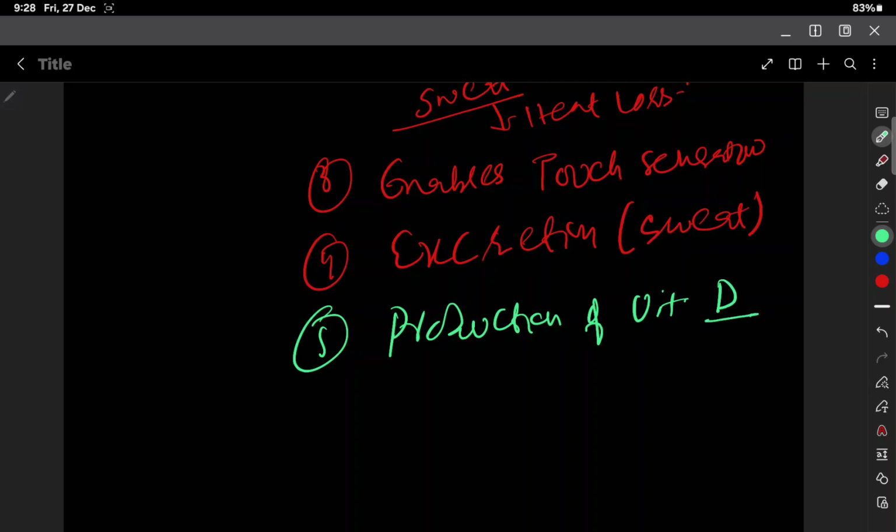Production of vitamin D by action of light rays. So how does this production of vitamin D occur in our body? It occurs because of 7-dehydrocholecalciferol.